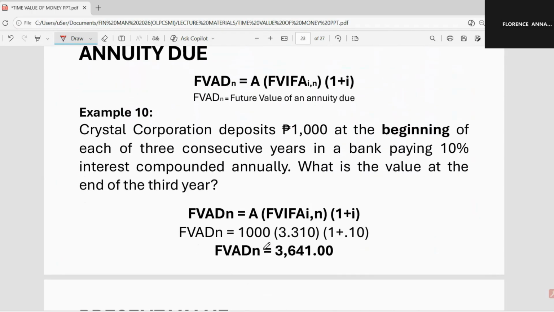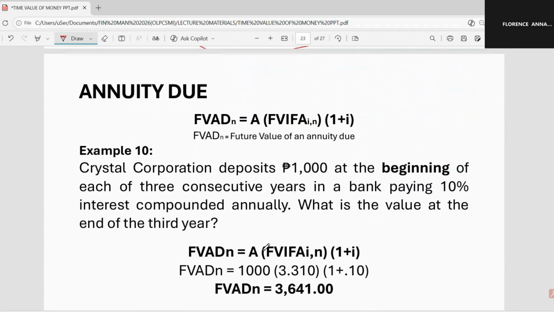Ano naman ngayon yung sa annuity due? Sabi nga natin kanina, pag ordinary annuity, this occurs at the end, while in annuity due, it occurs at the beginning. So, paano natin kinocompute ang inyong future value of annuity due?